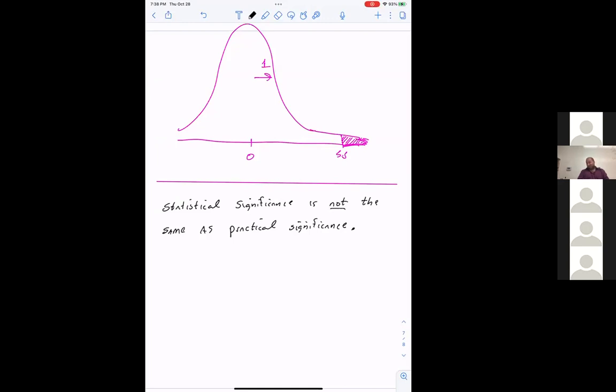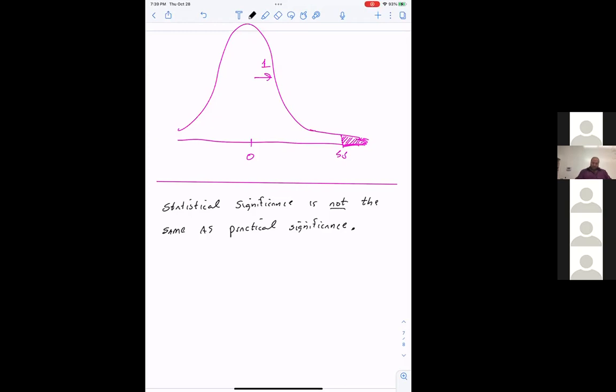But the fact of the matter is, are we really going to do anything differently? Because we got 51.7% over 50%? Probably not. Okay, it's a statistically significant result. It's not really a practically significant result.